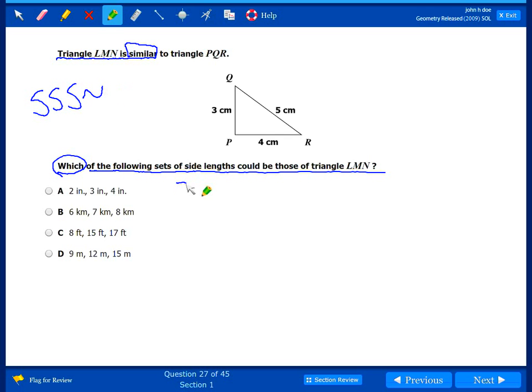So that means I'm going to write 3, 4, and 5, and I need these fractions to be equal. So I'm going smallest to largest. So is this equal to 2, 3, and 4? You should see that that isn't true, so A does not work.